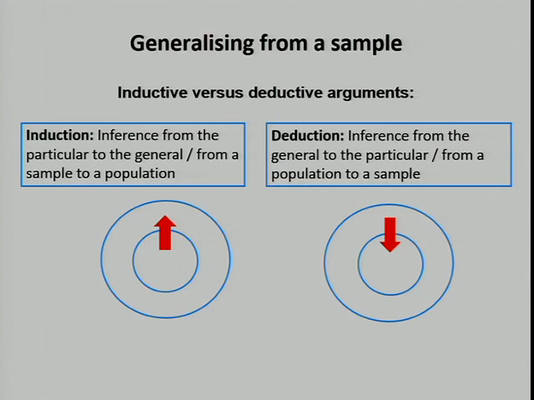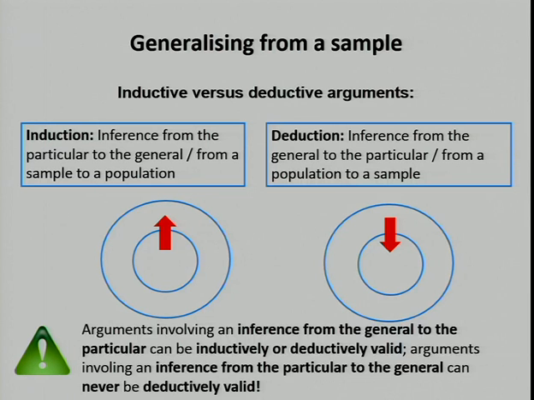So for those types of arguments, inference from the general to the particular, it seems that you could have both types of things. Here it seems to be the special case where you could have either inductive or deductive validity, right? In some cases, and I'll give you an example in a second, the conclusion will be guaranteed to be true, and in some it will be probably true.